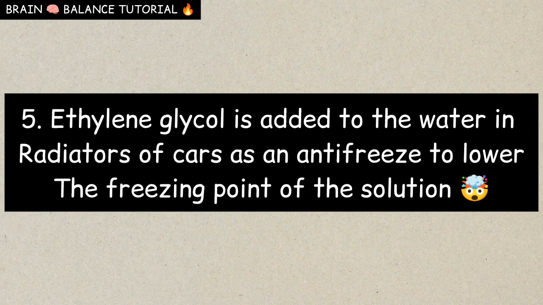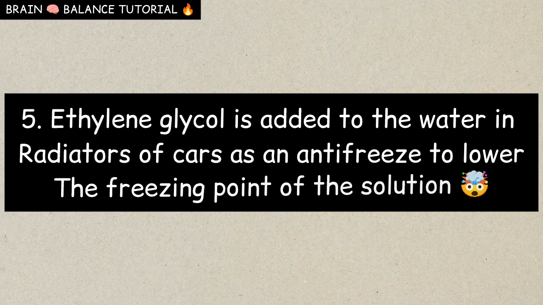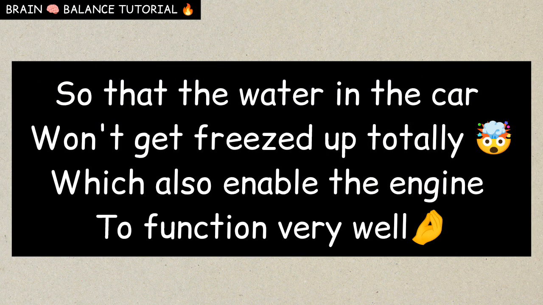Now look at the next point. Ethylene glycol, we all know it is called antifreeze. Why is it called antifreeze? Because when it is added to the radiator of a car, it acts as an antifreeze to lower the freezing point of that solution, so that the water won't get frozen up totally, in order to enable the engine to run very well.